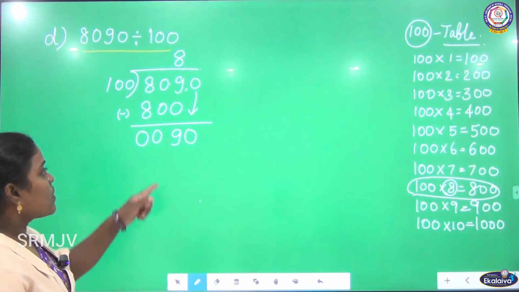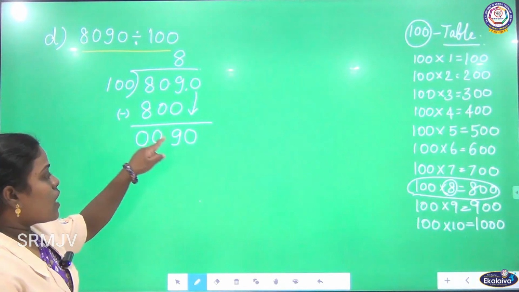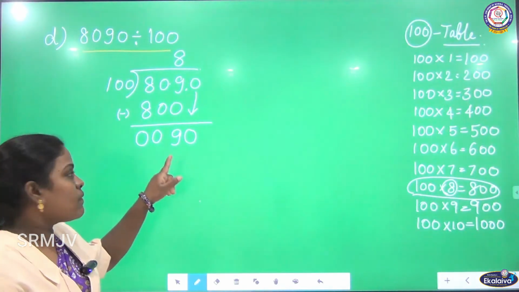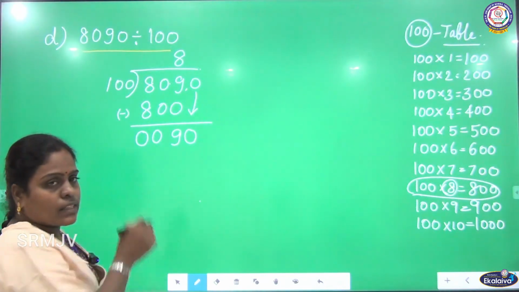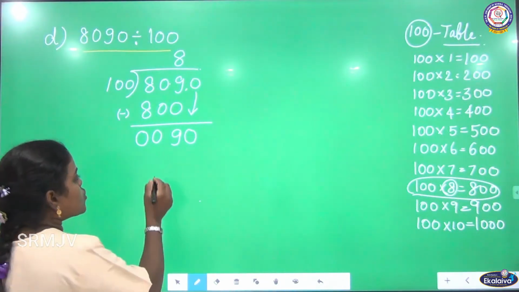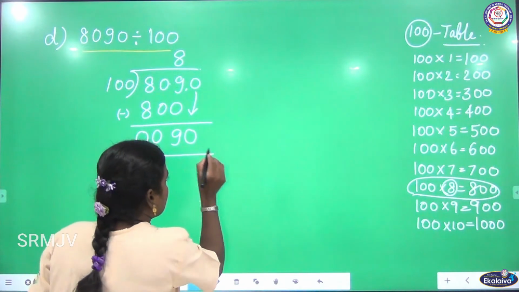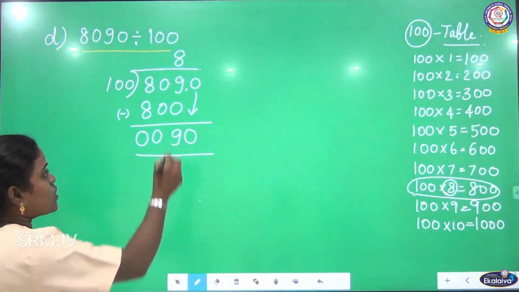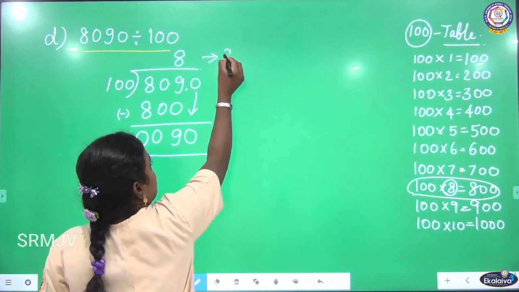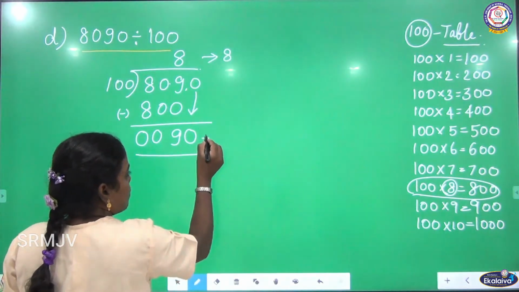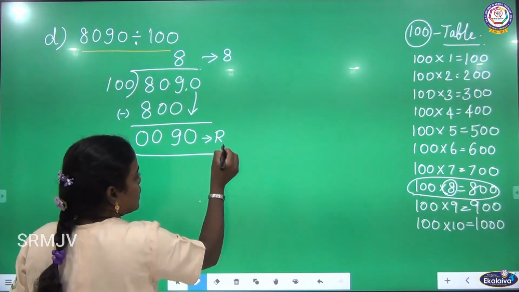Listen children, again here we have a smaller number. When we compare to the divisor, 90 is smaller than the divisor. So we are going to stop dividing. So what is the quotient here? It is 8 and the remainder is 90.